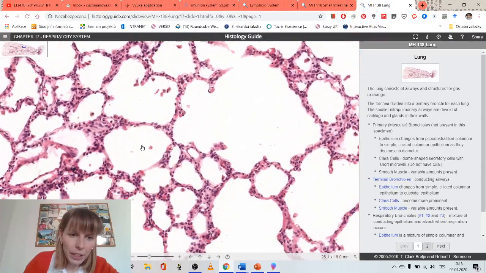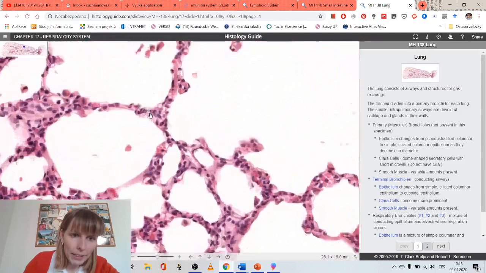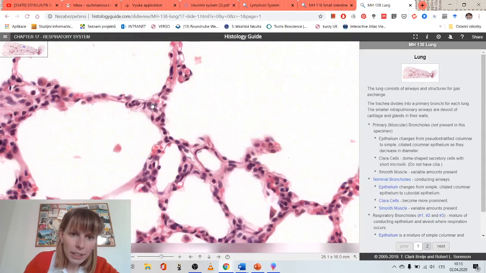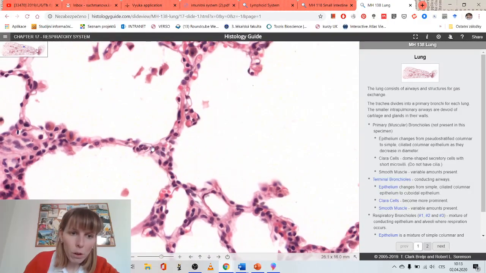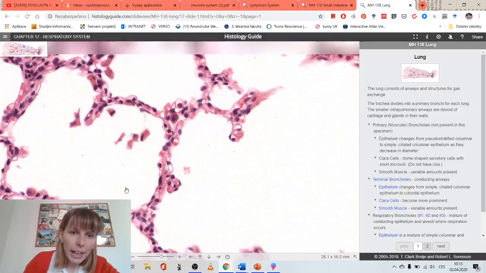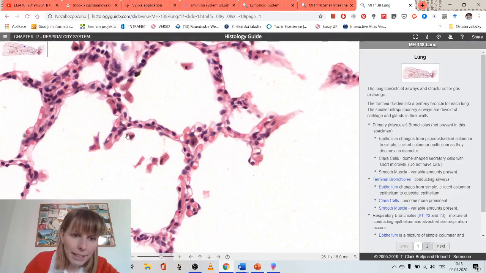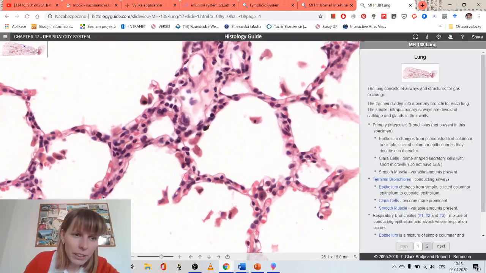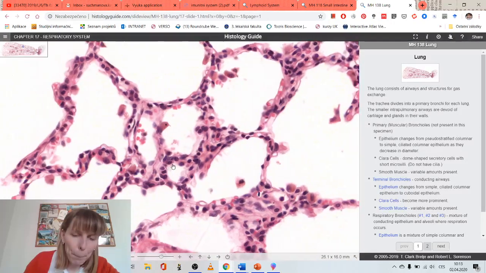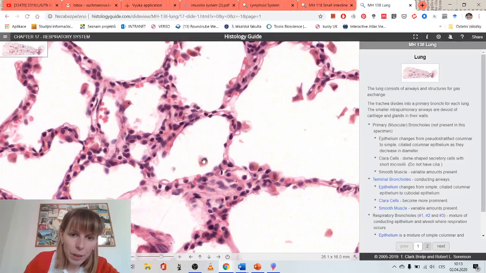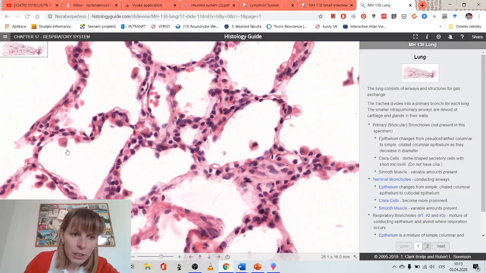So here, if we zoom in, we will see the walls of the alveoli, and we will see some cells inside the alveoli which will be bigger than the rest. For example, this one, or this one, or this one. They have some accumulated debris in their cytoplasm.